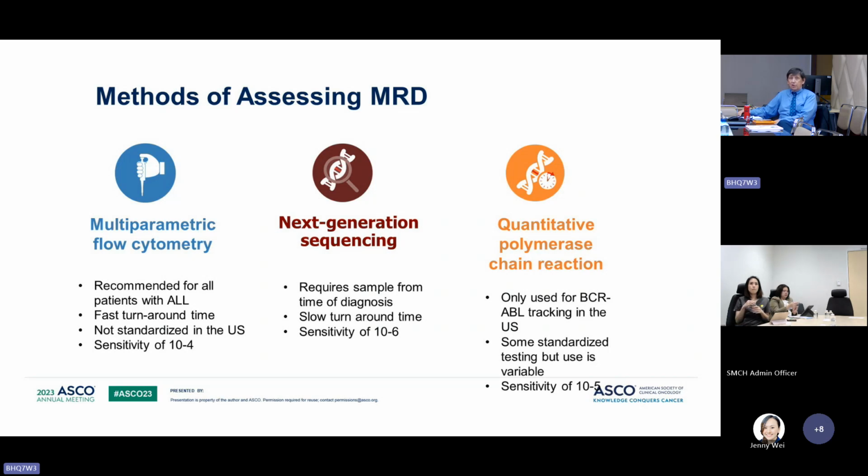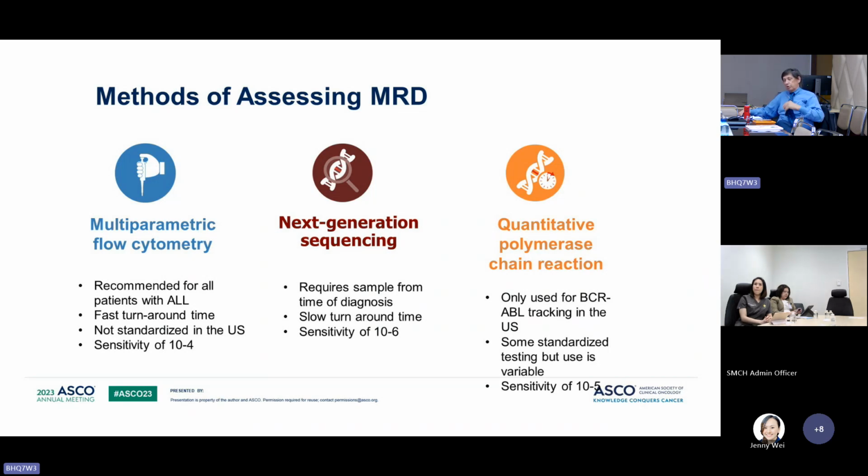Now, next generation sequencing looks for a mutation by deep sequencing, and you can get a sensitivity of 1 in 10 to the 6. The problem is it has a very slow turnaround time, which may take up to 2 weeks. When we send off next-gen sequencing, it may take 2 weeks before we get an answer. It doesn't really help you in real time.